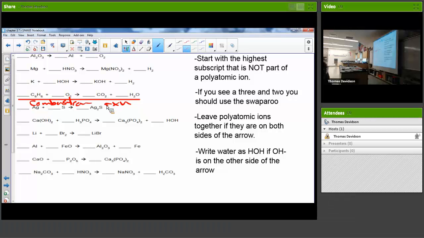A combustion reaction is where something, most of the time a hydrocarbon, which is a CH combination of anything, reacts with oxygen, and it always produces CO2 and H2O. So since 3 of the 4 things are always the same, you can follow a very simple process to figure this out. And I'm going to put this on a different page here.